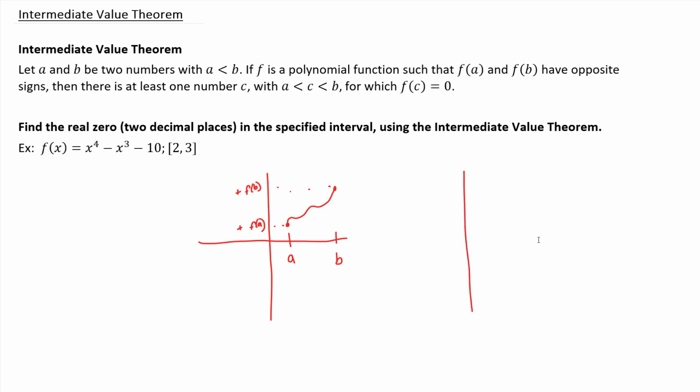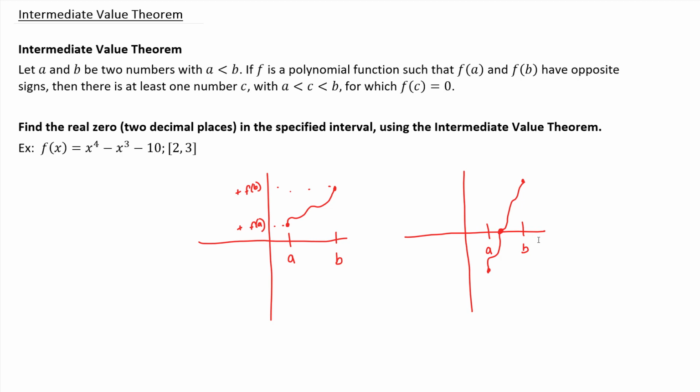So what this is talking about is if you have an a and a b, and you have that smooth continuous polynomial curve, and your f of a and f of b take on opposite signs, in other words, one point is below the x-axis and the other is above, and it could be vice versa, then you're guaranteed to cross the x-axis and get an x-intercept, aka root, aka 0.